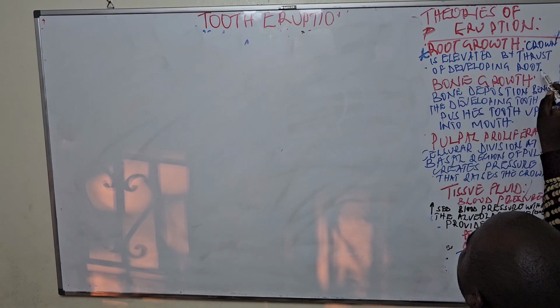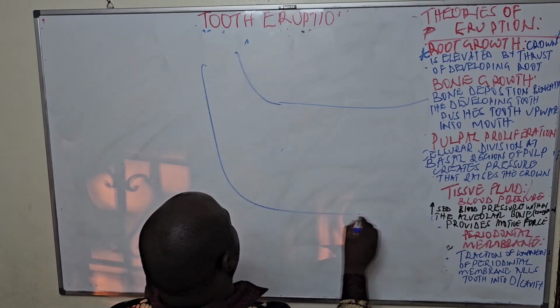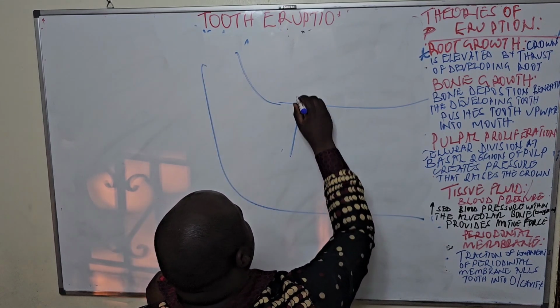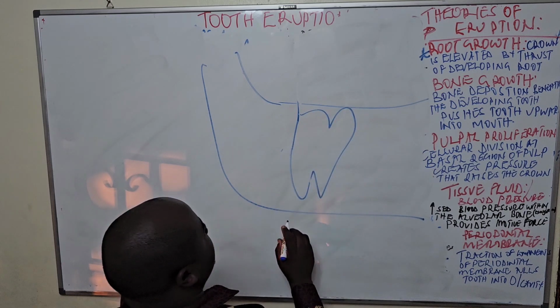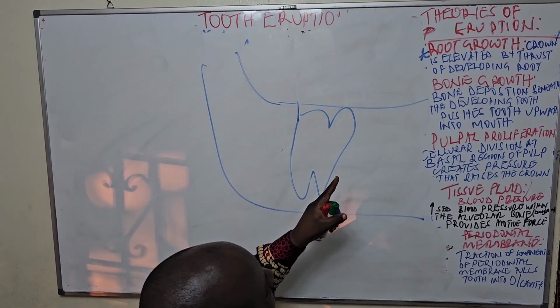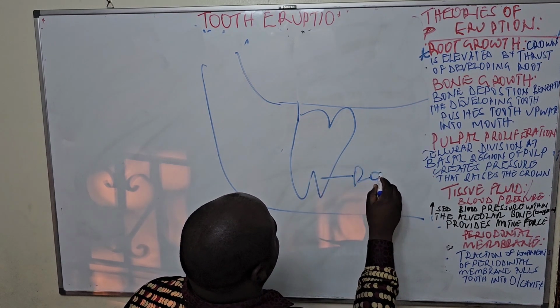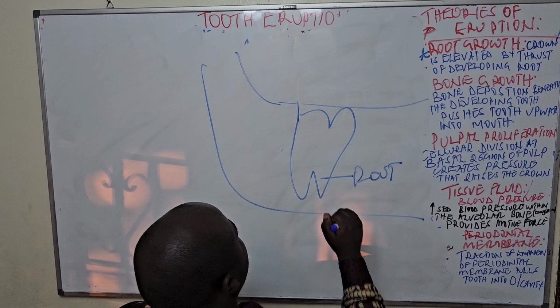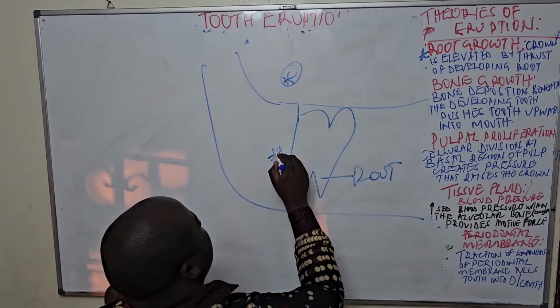by the developing root. It means that if this is our jaw, the tooth which is developing, there is a force in the developing root that will push it from its position here to the position in the oral cavity.